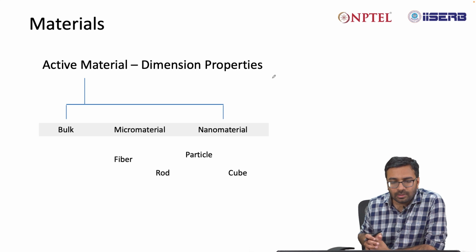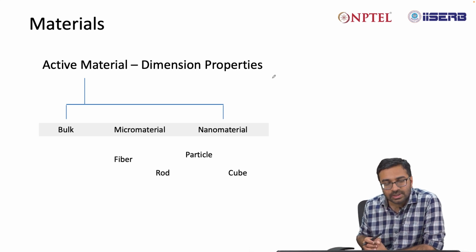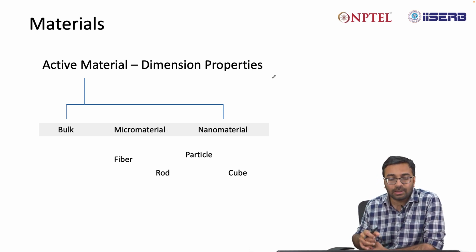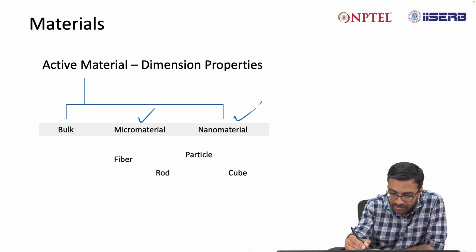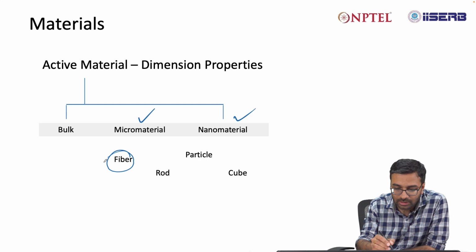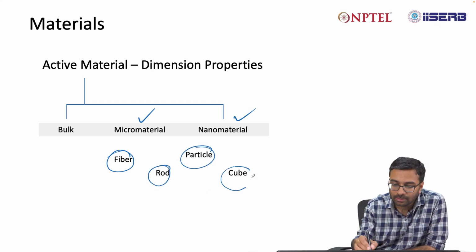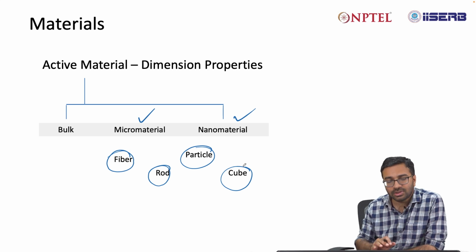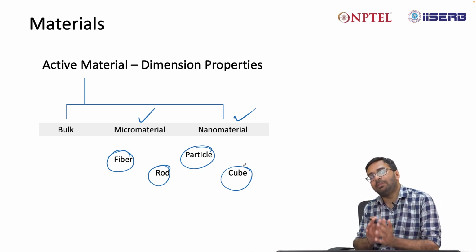Then based on dimensions also you can select active material. Active material can be a micro material, it can be a nano material, it can be of different shapes. For example, it can be microfiber, nanofiber, nanorod, nanoparticle, or nanocube. All these things you decide based on the kind of application you choose.